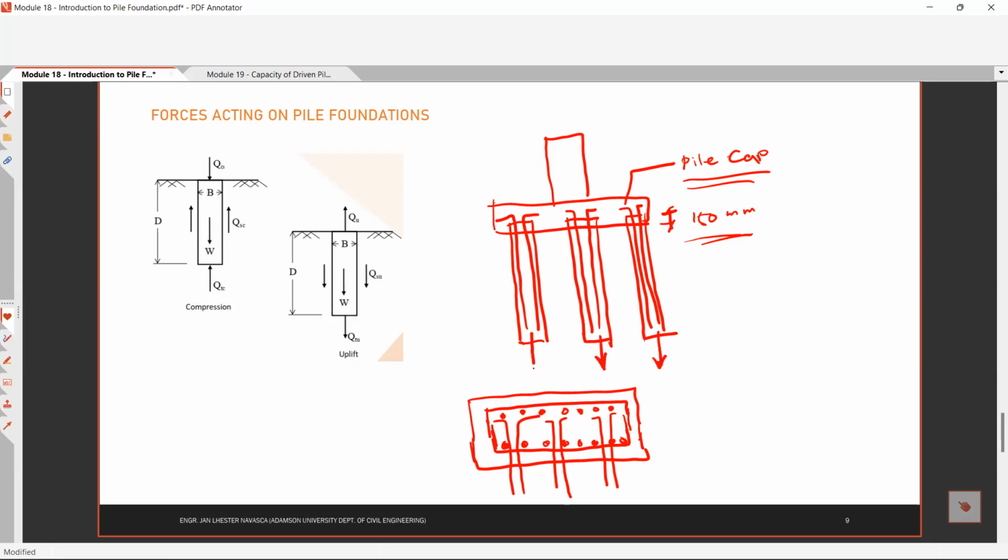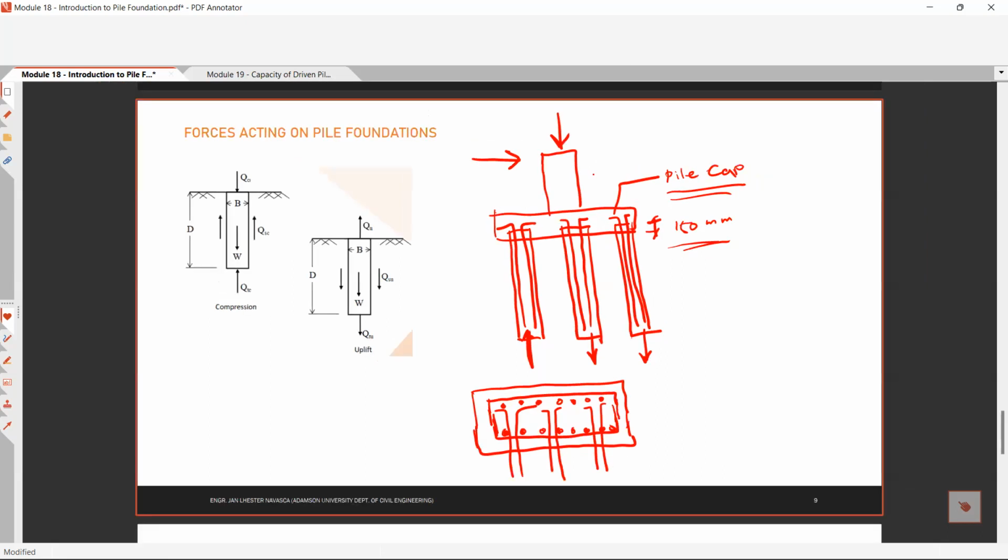Compression dito sa isang side, tension. Okay. Dito sa kabila naman, compression. Ayan, so pwede magkaroon ng compression and tension. So for example, ito yung forces sa top. Yan. So pag nagde-design ka using computer software, makikita mo na may compression side, may tension side. Ayan. So yan yung makikita nyo sa pile foundations pag magde-design.